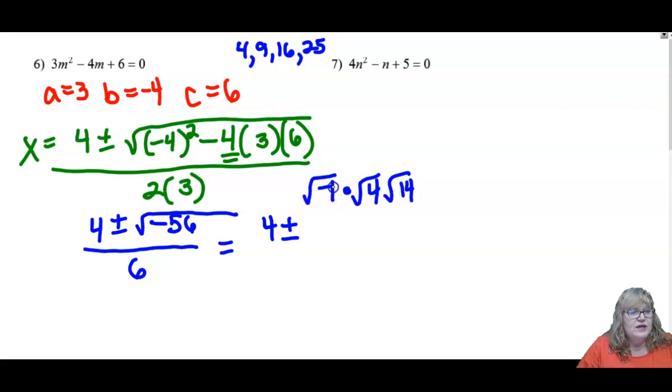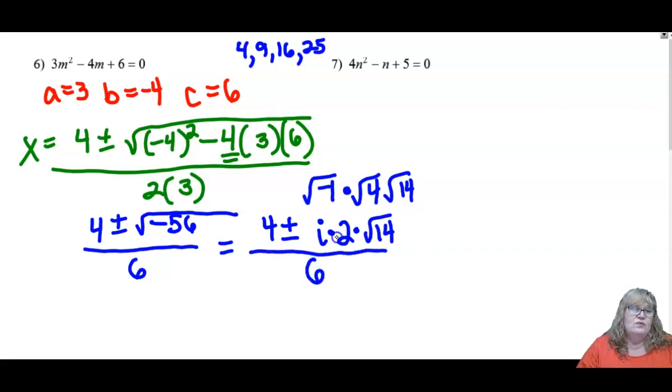The square root of negative 1 will be i. The square root of 4 will be 2. And the square root of 14 we have to leave because it's irrational. And this is all over 6. Now, we never write it this way in math, i times 2 times the square root of 14, because we always get concerned that somebody's going to think it's a plus or minus somewhere. So we just rearrange those and write 2i square root of 14.